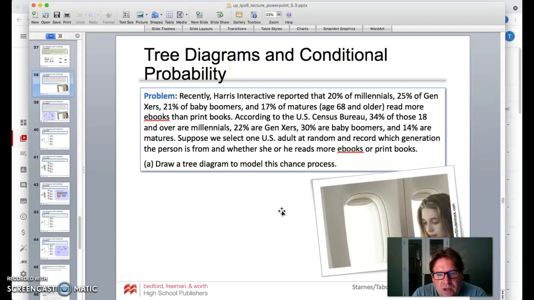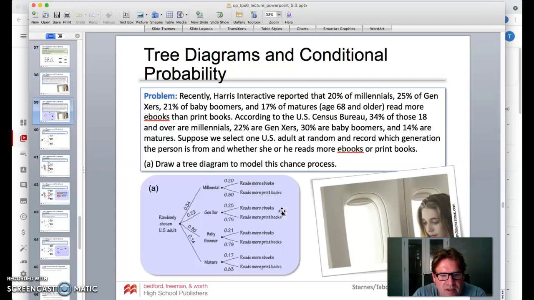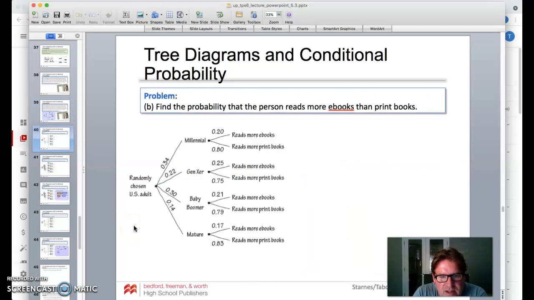Suppose we select one U.S. adult at random and record which generation the person is from and whether she or he reads more ebooks or print books. Again, a tree diagram can clear up the waters a little bit, as we can split those up, put those percentages in, and then combine them together. That's a nice way of organizing it and seeing all those probabilities.